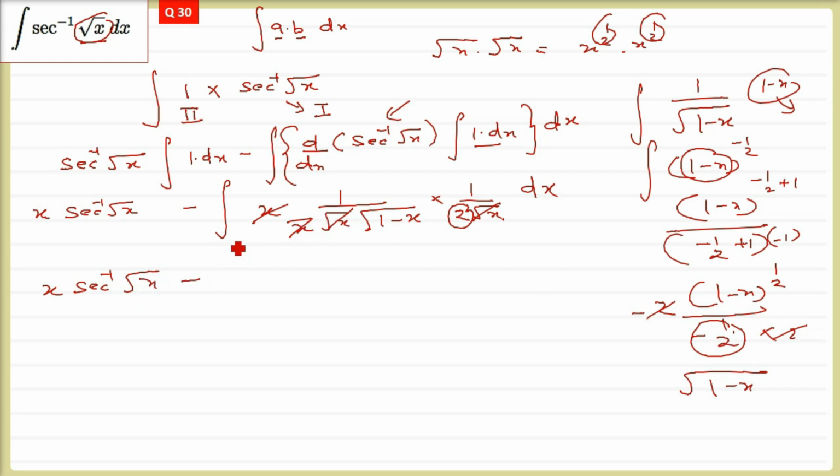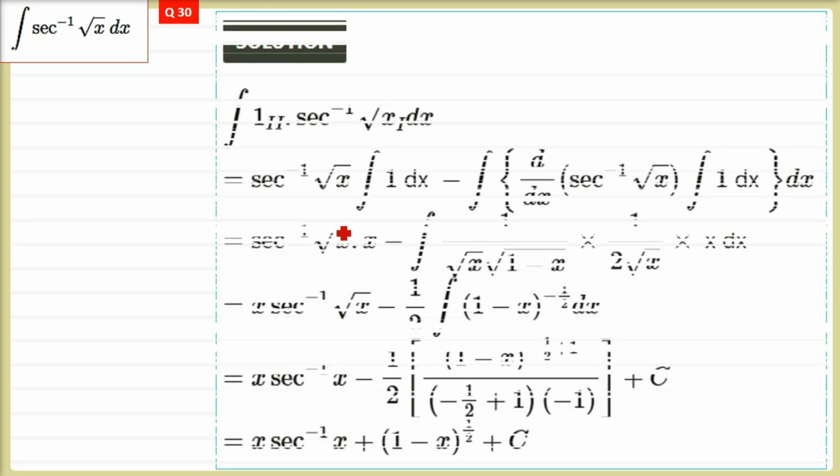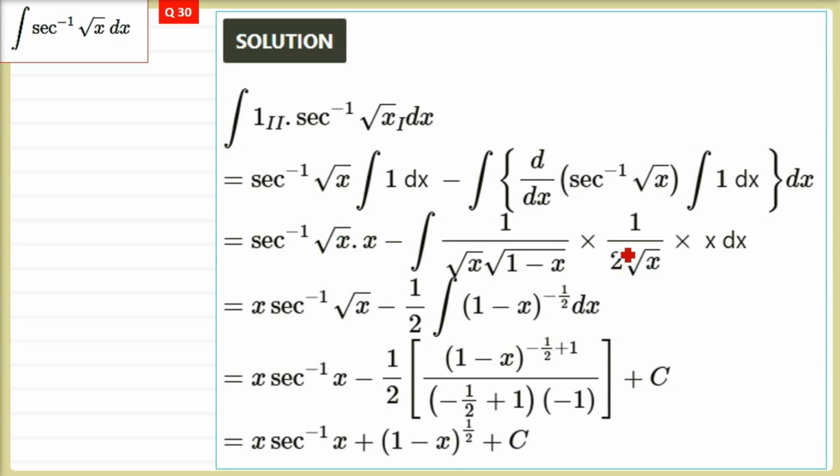And since we have a negative here, I'm making this a positive. The integration has already been done, so I'll write the direct result. This negative will become positive because of this negative. If you can just imagine how this negative has come here. And 1 minus x under root you can write as 1 minus x to the power half. So this is the way you are going to go about it.